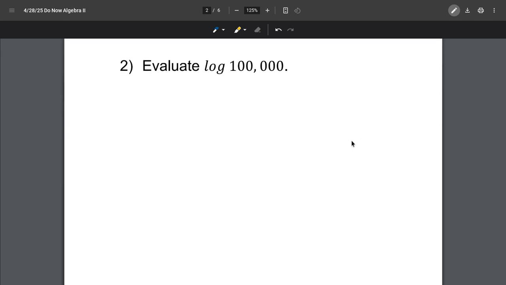All right, next one, we're evaluating the log of 100,000. If I just have log without the base written, the base is 10. So essentially we're saying 10 to what power equals 100,000. And with powers of 10, the trick for this is you're basically looking, how many 10s do I have to multiply together to get 100,000?